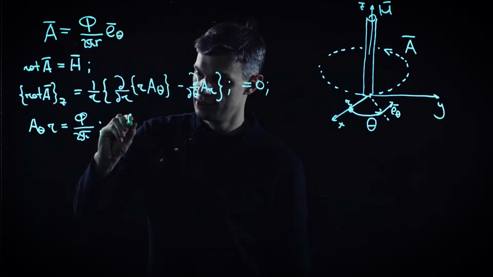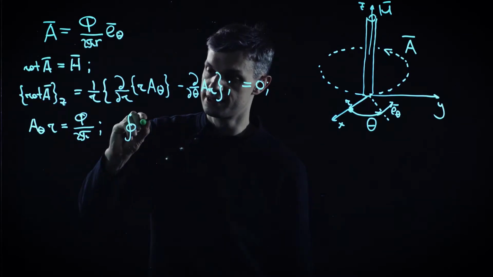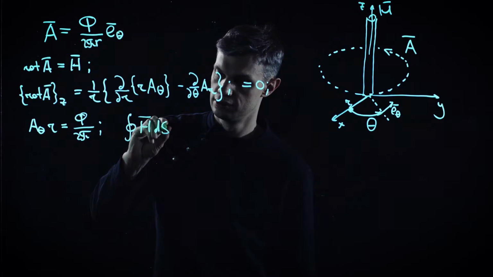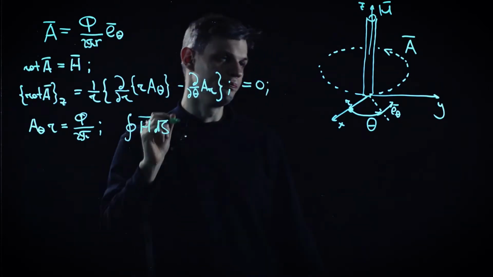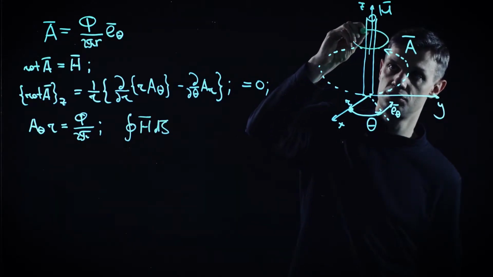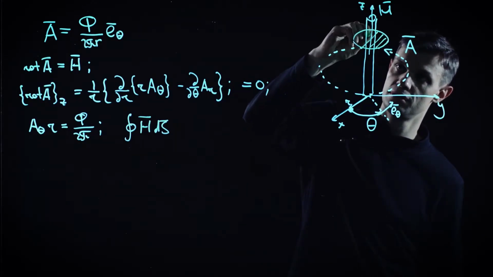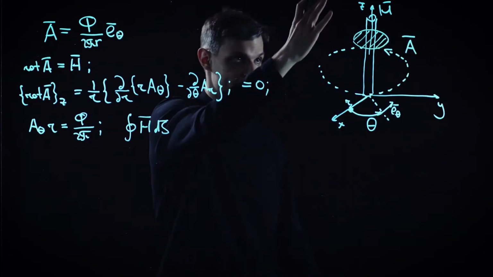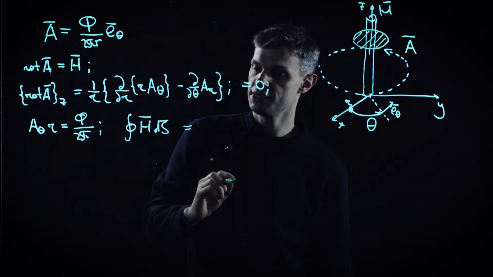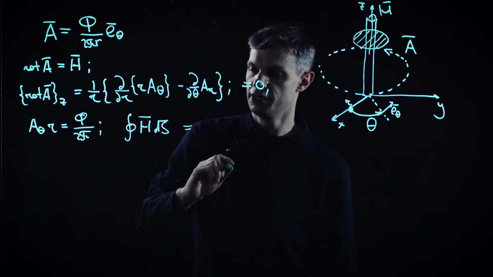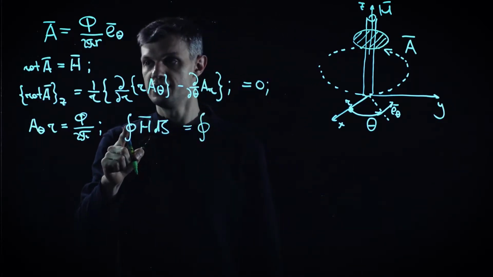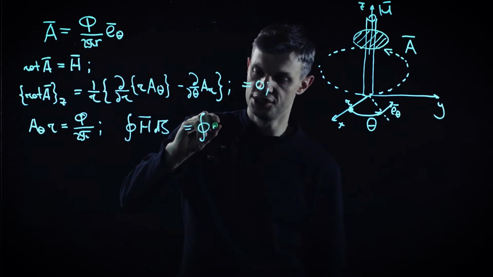However, we can still use, for example, the Stokes theorem. So let's write it down. The flux of the magnetic field through some circular region which encompasses the solenoid can be computed using the Stokes formula, if we remember that the H field is given by the curl of the vector potential.